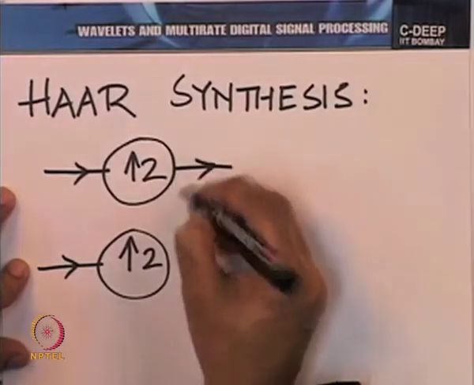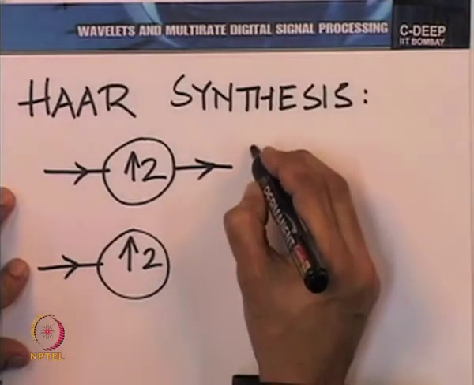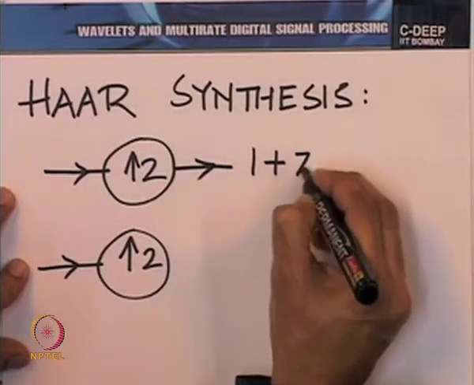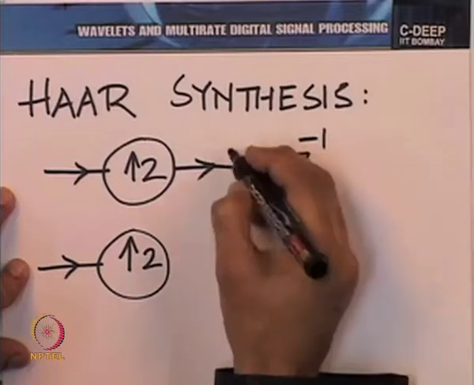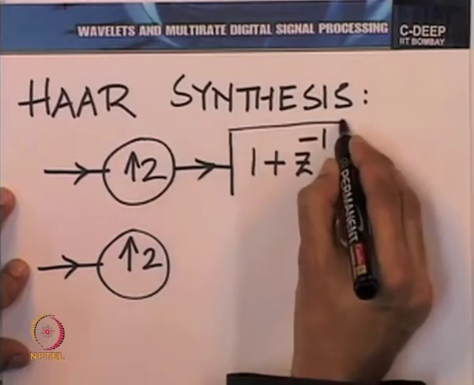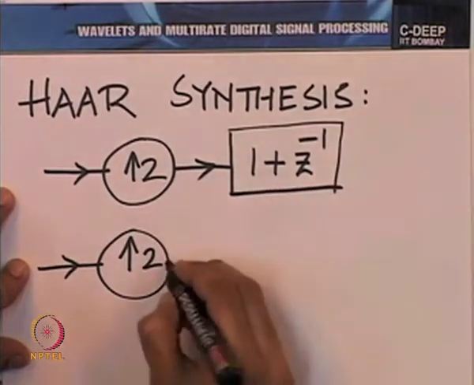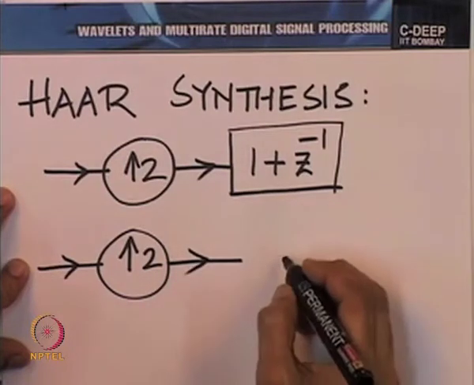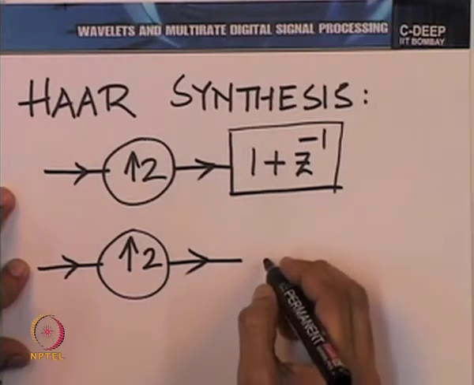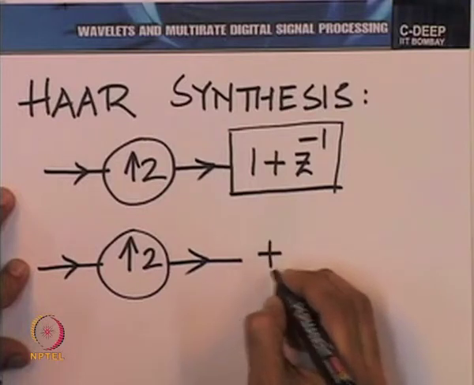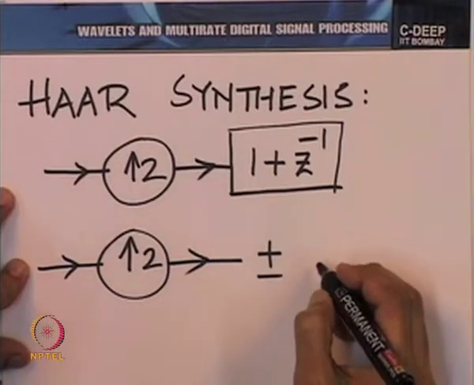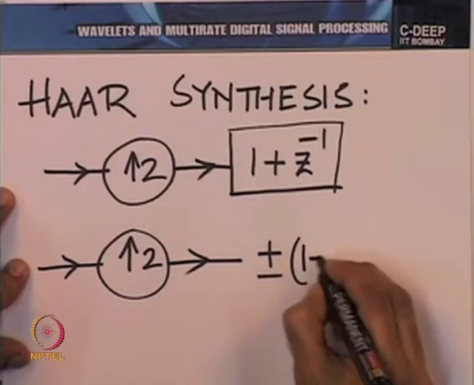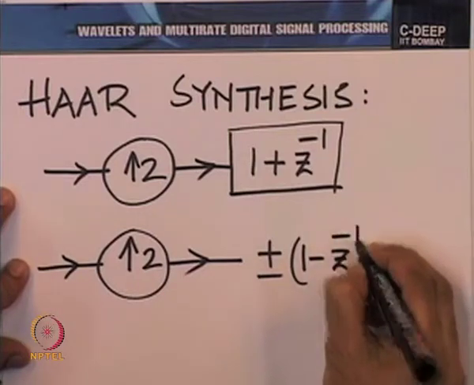Followed by the two filters once again. So, here the filters had the form 1 plus Z inverse and 1 minus Z inverse. Now, the only catch is I am going to allow for an ambiguity of sign here, plus minus 1 minus Z inverse.